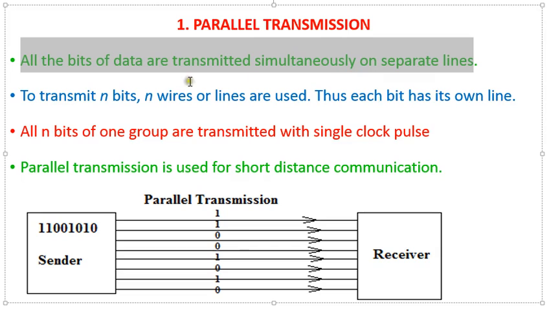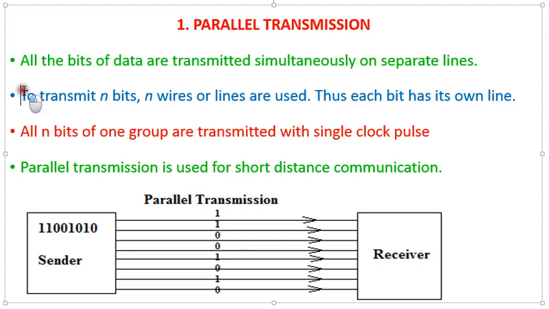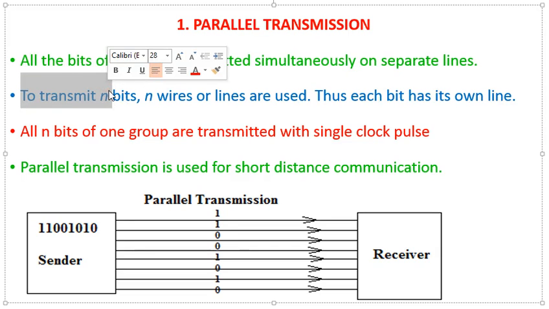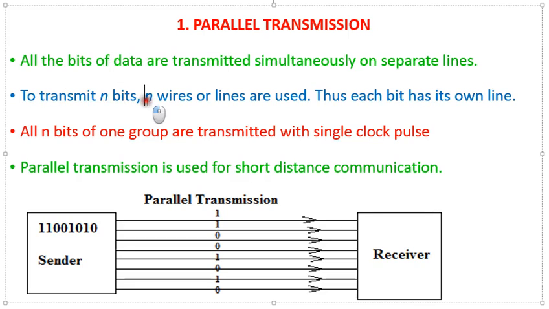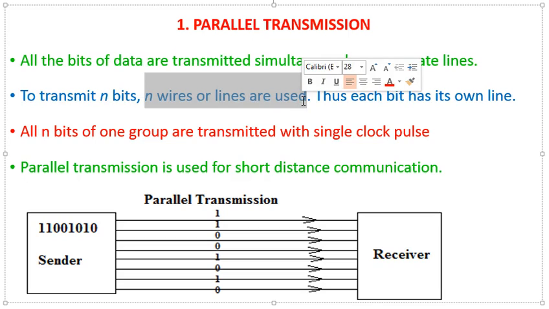For instance, if you have data that contains n bits, this n can be any number. Like in ASCII, we use 7 bits. So if you press A using the ASCII method, you are producing 7 bits of binary numbers. So whenever you have n bits of binary numbers, then we need n wires or n lines for that data to be transmitted, because we said each of the bits is transmitted on a separate transmission line.